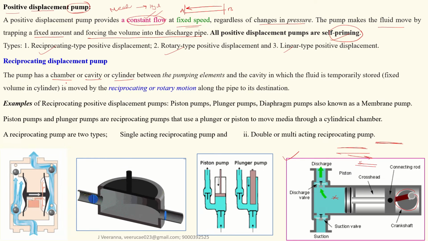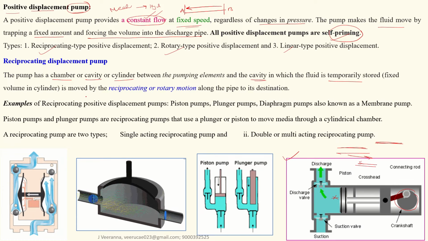The pump has a chamber, cavity or cylinder with a plunger element. Whatever amount of water is stored in this cavity is only for a short duration, temporary. This is called a reciprocating pump. It moves water using reciprocating or rotary motion.